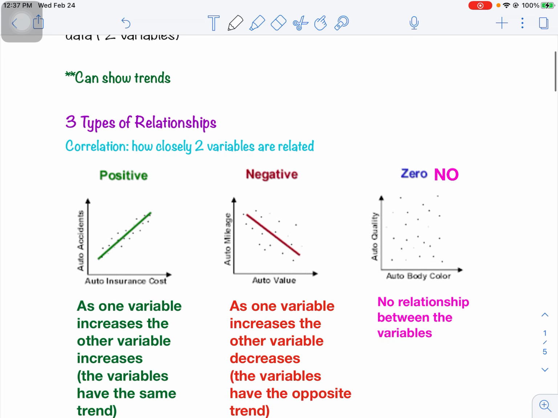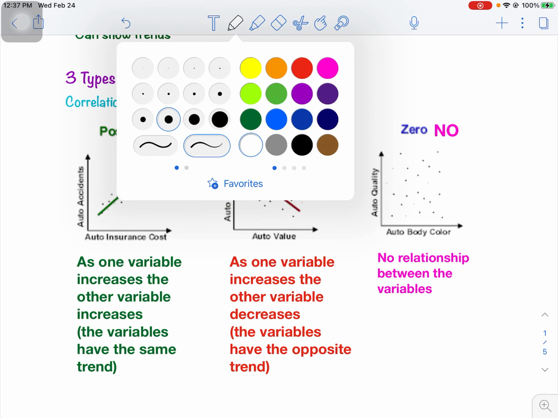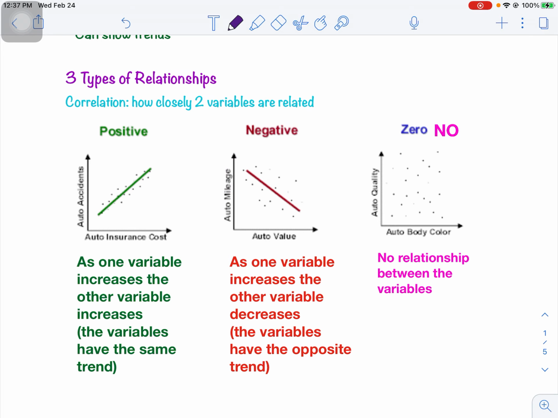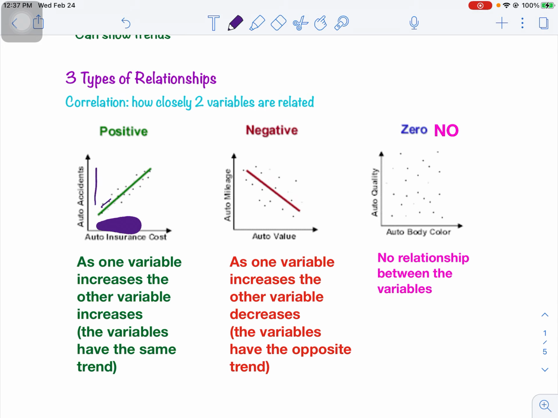So here are our examples. We can have a positive correlation. In this first one, the auto insurance cost increases as auto accidents increase. So when we see two things increasing, as X goes up, so does the Y. That's how we have this positive correlation.